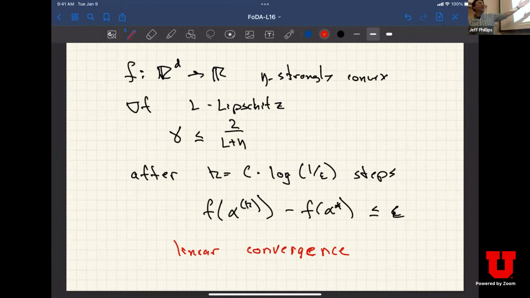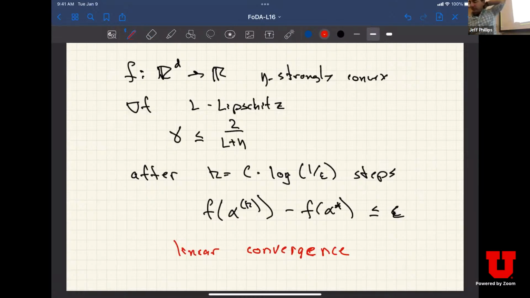The log of the difference is going down at a linear rate here. They typically plot it on a log scale, and on a log scale, the error goes down at a rate that looks linear. That's where linear convergence comes from. There's a quadratic convergence where on the log scale, it goes down quadratically. But this is linear convergence. This is much, much better, exponentially better.